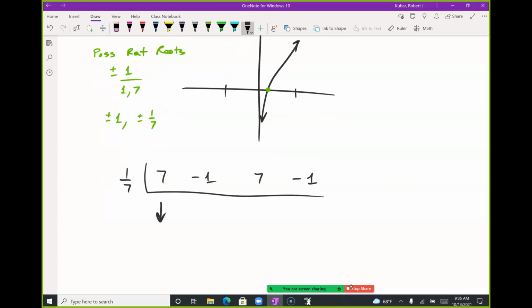I bring down the 7, I multiply, I get 1, I add, I get 0. I multiply, I add, I get 7. I multiply, I get, yes. So there it is, a 0. So I am expecting you to be able to tell me the possible rational roots.